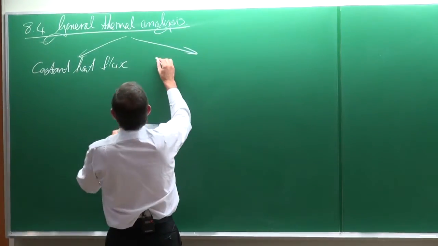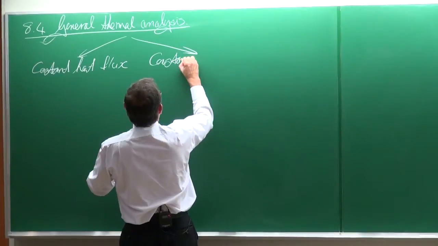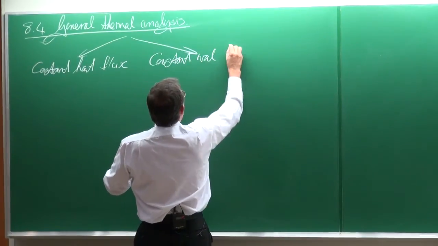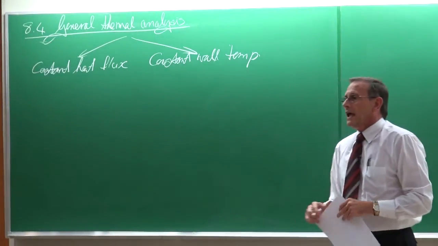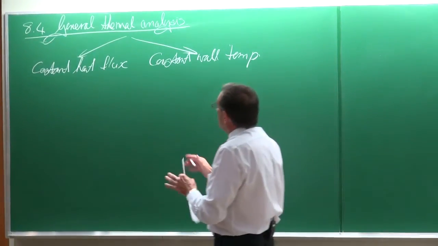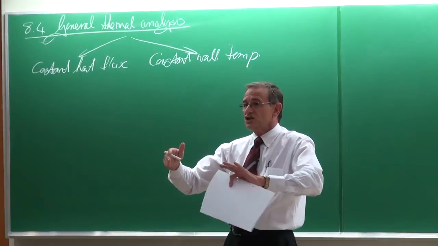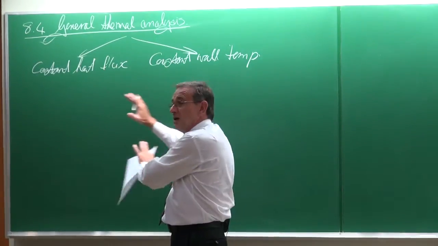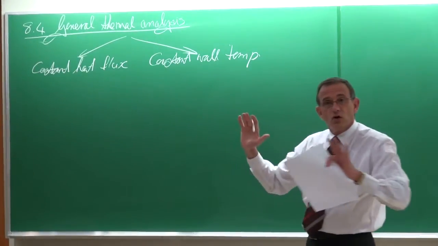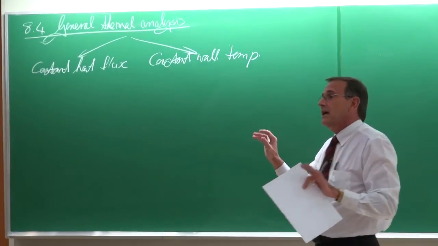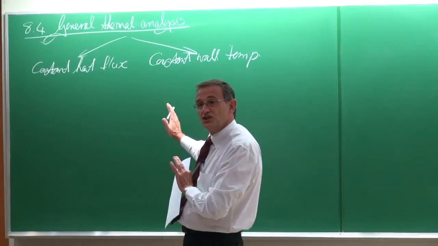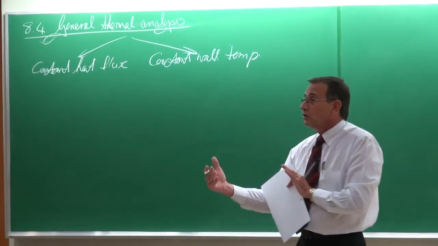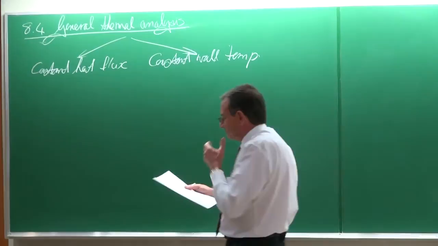And the second one is the constant wall temperature. Most problems and literature in terms of equations are available in terms of one of these categories, and it also determines some very important decisions that you will have to make when you have a heat transfer problem.